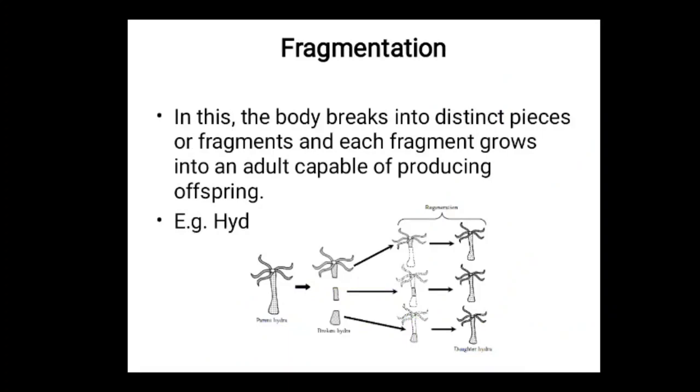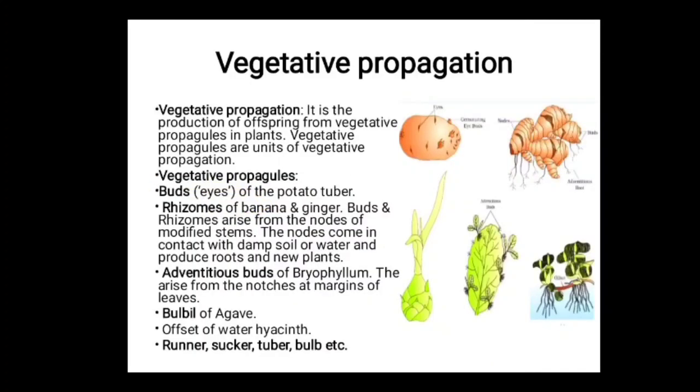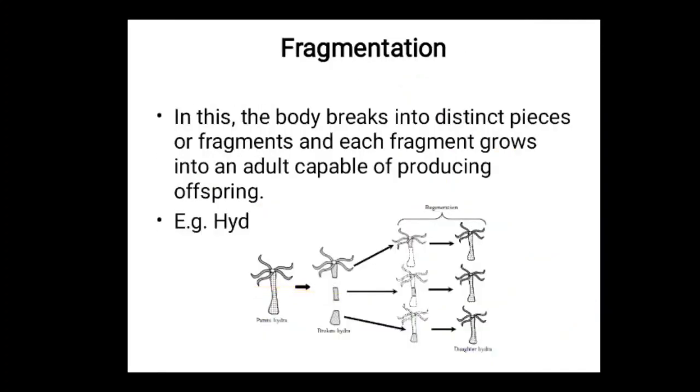You can see the body breaks into distinct pieces or fragments, and each fragment grows into an adult capable of producing offspring. That means these types of individuals are also capable of producing offspring through asexual reproduction.